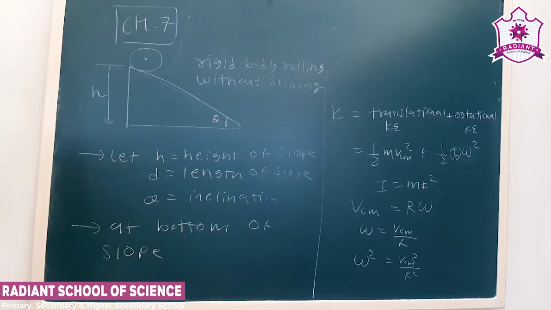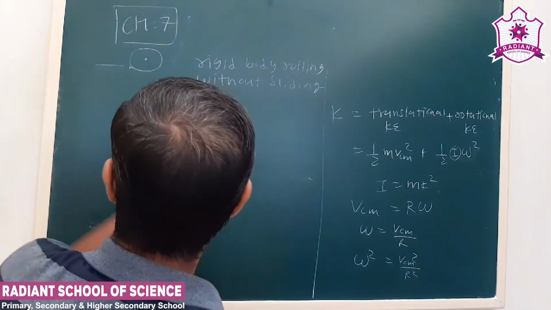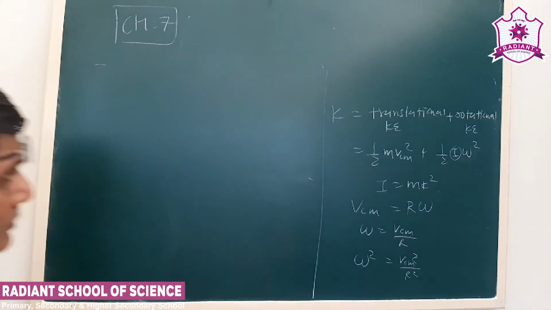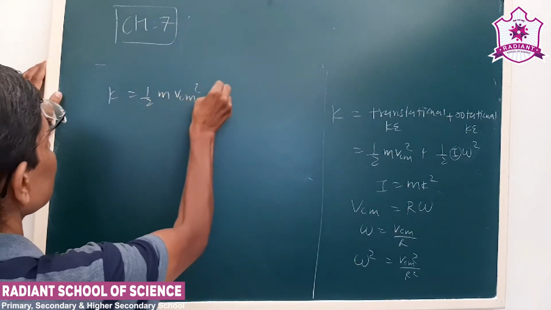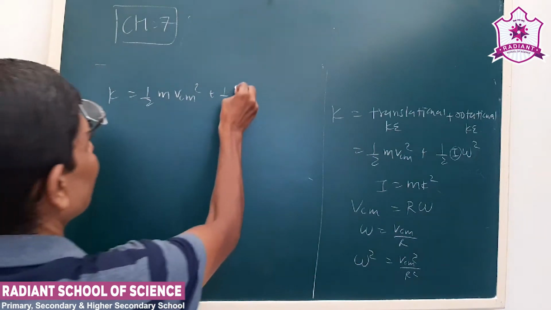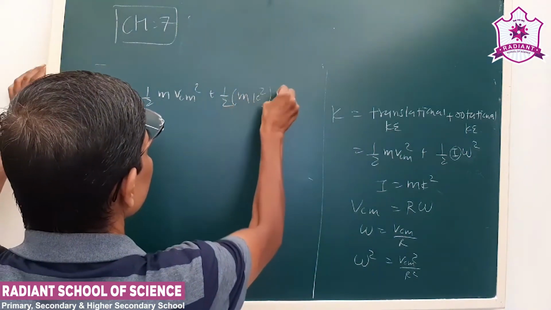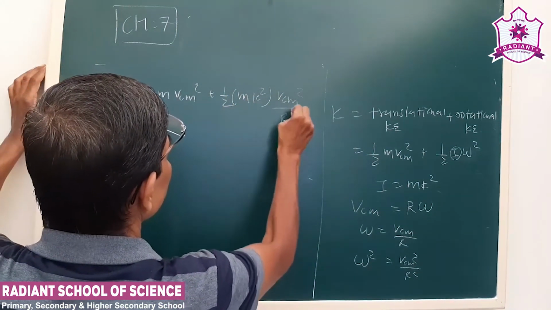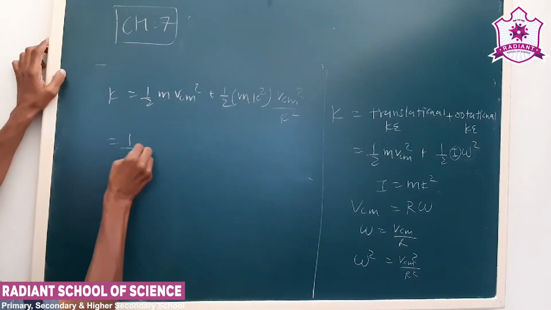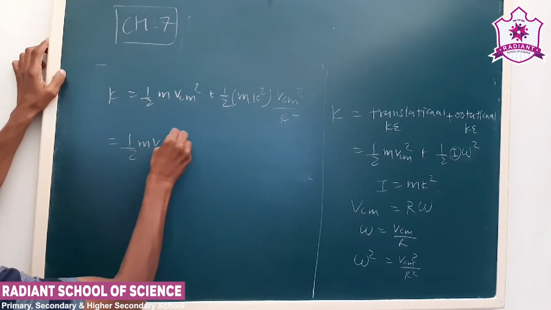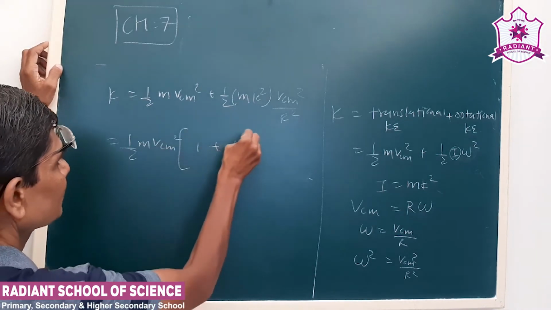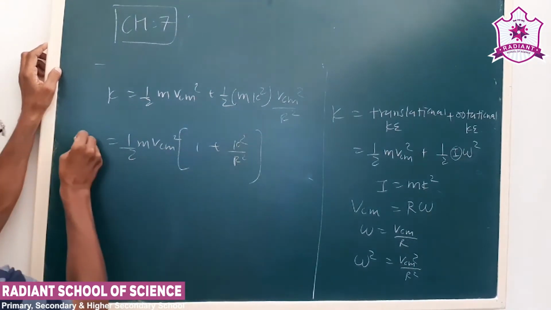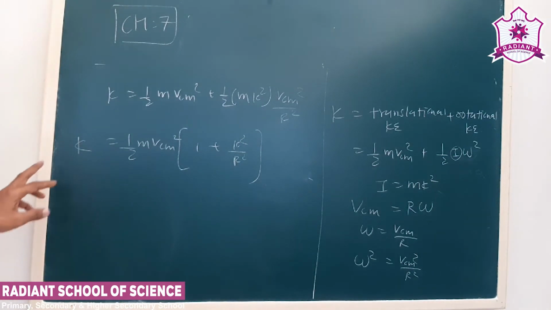Now if I substitute this value, I is equal to mk square, we can take 1 by 2 m VCM square common. What is left is 1 plus k square by R square. So the total kinetic energy is 1 by 2 m VCM square times 1 plus k square by R square.